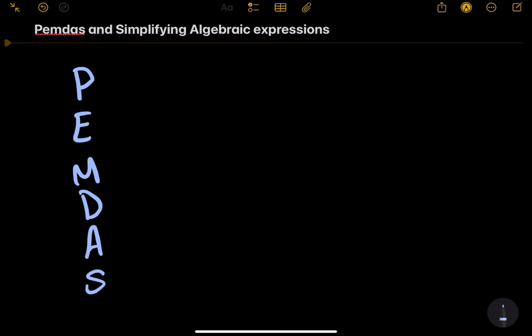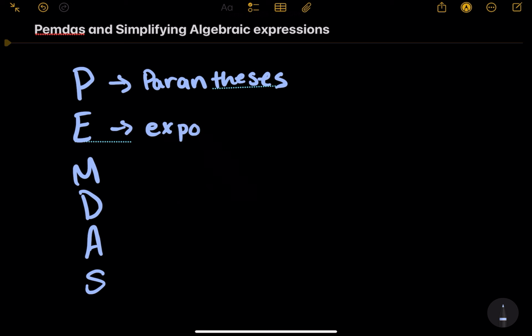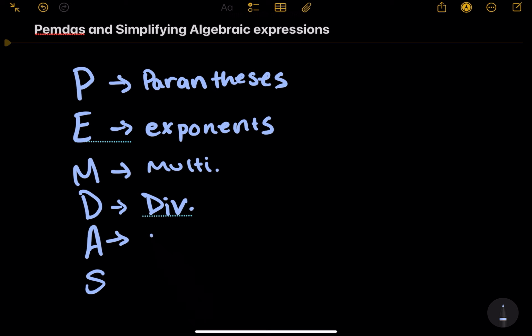The P stands for parentheses, the E for exponents, the M for multiplication, the D for division, the A for addition, and then the S for subtraction.